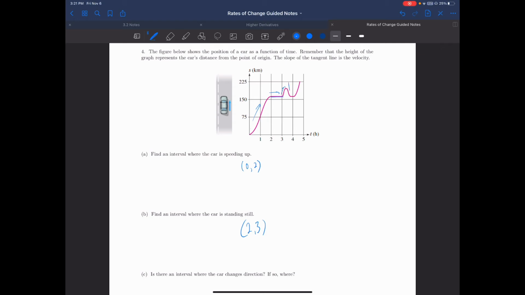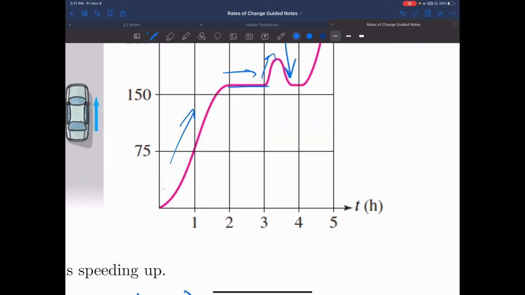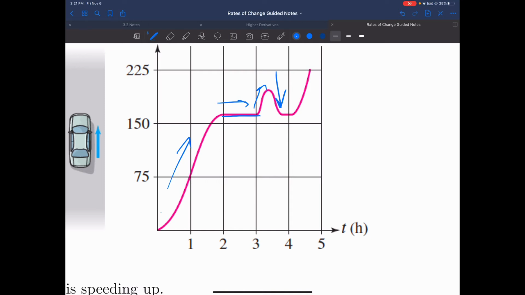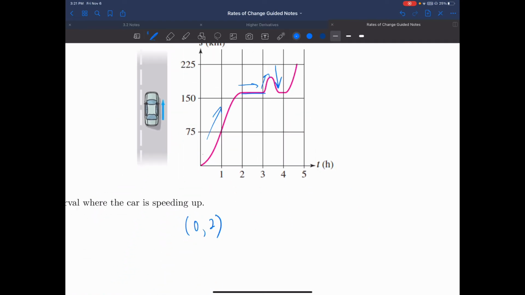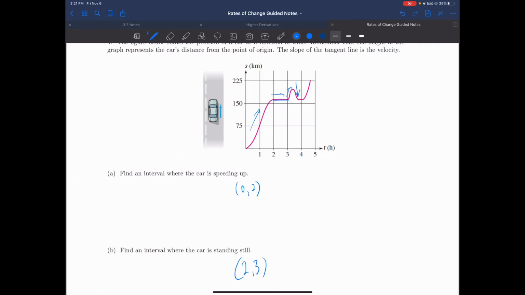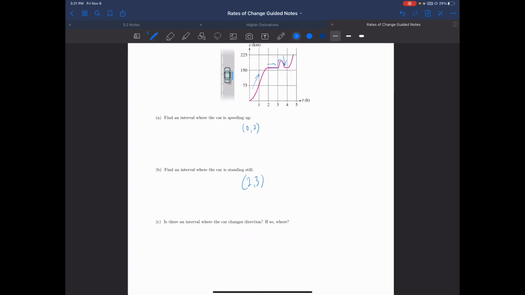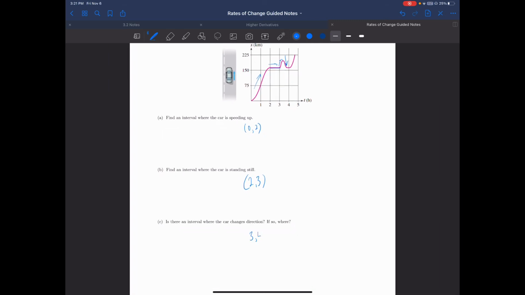Then in this section the slope of that line would be negative. That's where the car would be changing direction, going the opposite way. So I would say somewhere in the interval from 3 to 4. I'm not saying for the entire interval, just that somewhere between 3 and 4 it changes direction. I'm just trying to avoid decimals to make it a little easier.